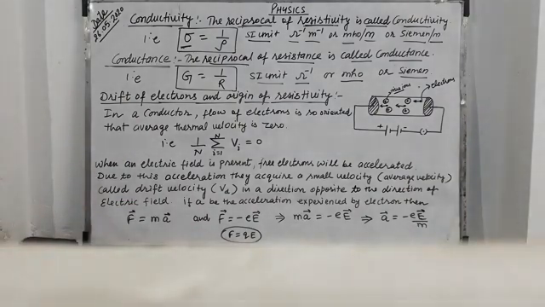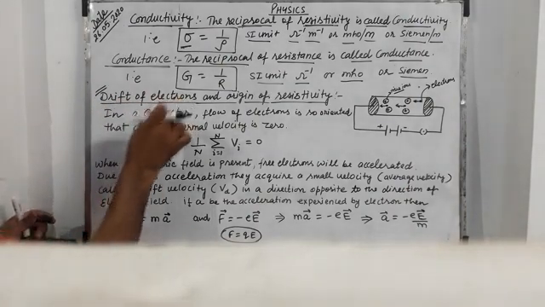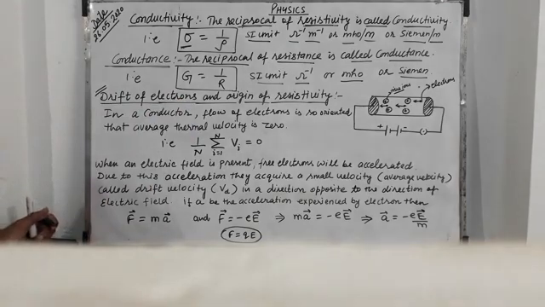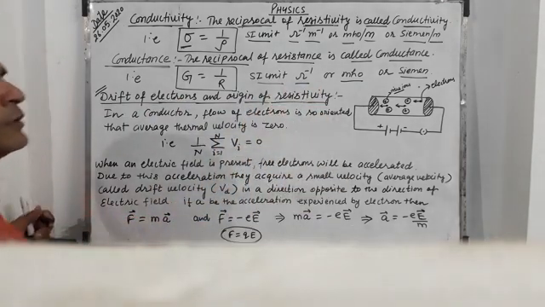Okay, now one important topic of this chapter is drift velocity, that is, drift of electrons and origin of resistivity.